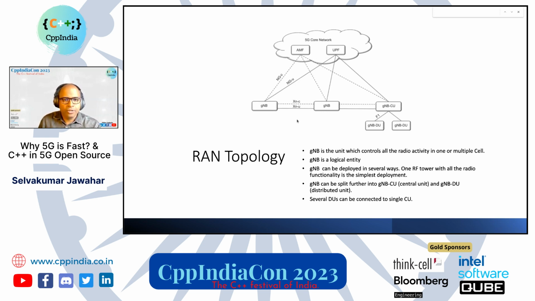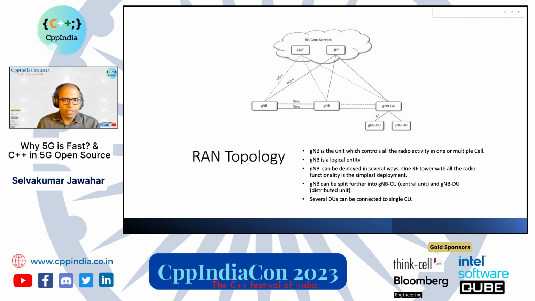RAN consists of something called GNB. Remember that GNB is a logical entity. There is no physical entity as GNB. What GNB does is control all the radio activity. All the services provided by RAN are controlled by GNB. GNB can be a standalone GNB, which has the antennas, the transmitters, all the software, all the services to talk back to the 5G core, and everything in one single physical node.